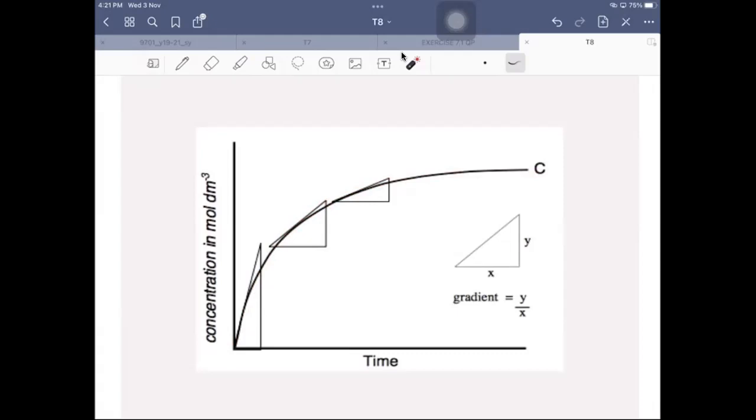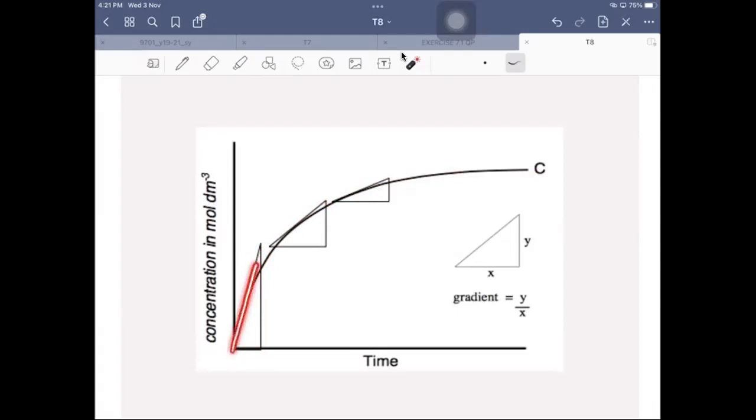Without doing calculation, you can already see the triangle represents the gradient. There is a tangent drawn at t equals 0, and they draw the triangle to show how you find the gradient.